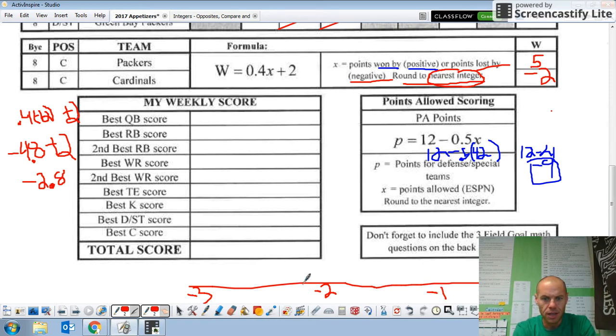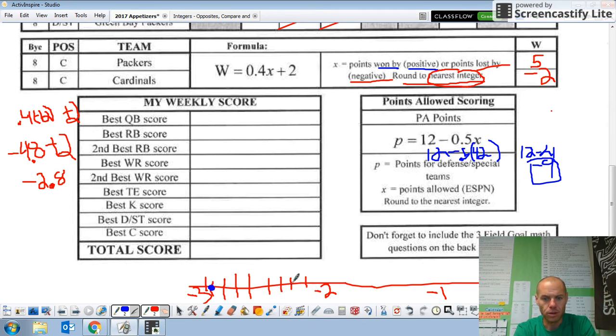This is 0. So here's -2.1, -2.2, -2.3, -2.4, -2.5, -2.6, -2.7, -2.8, and -2.9. So what we're talking about is -2.8, which is going to be right there.